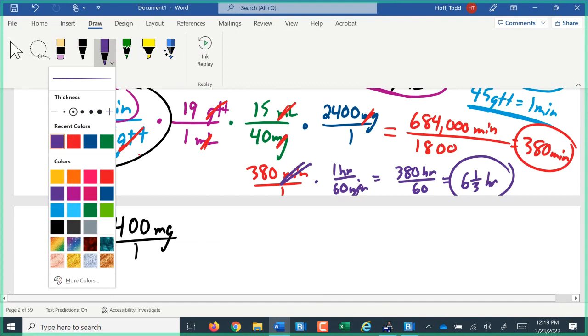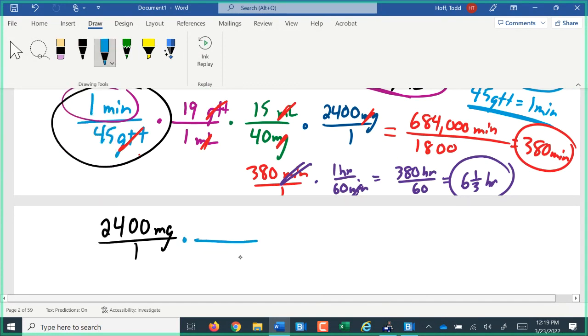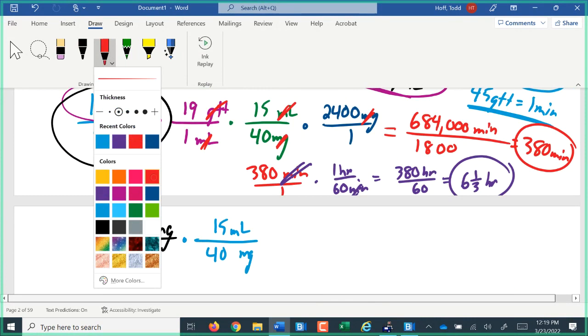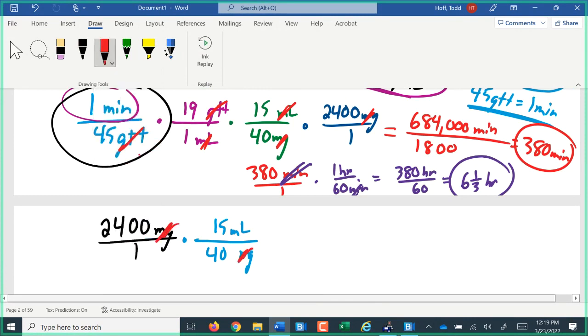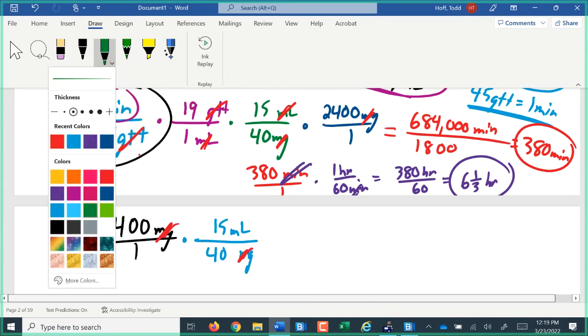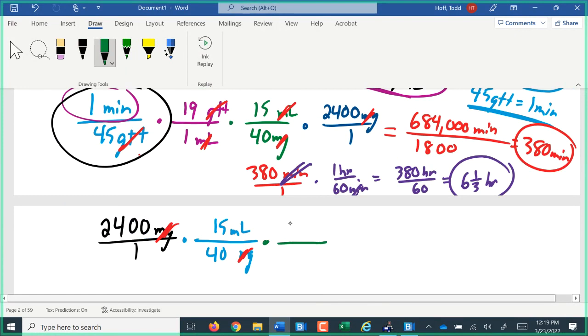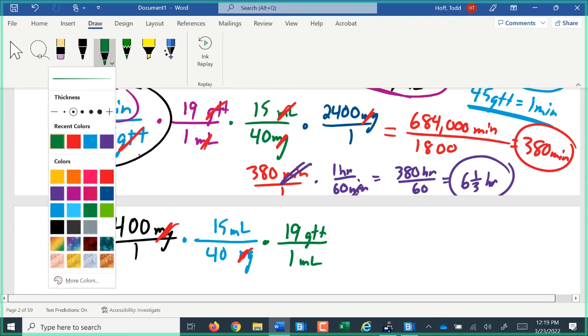And we could have worked from that. Get rid of the milligrams. Well, we had 40 milligrams and 15 milliliters. Milligrams are canceled out. After you get rid of the milliliters, well, we have 19 drops per 1 milliliter, so the milliliters will cancel out.